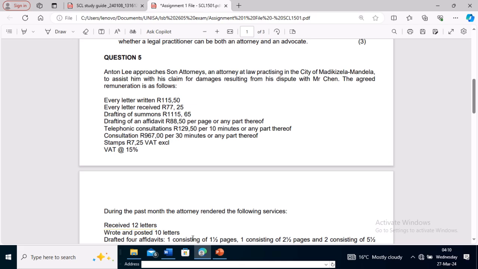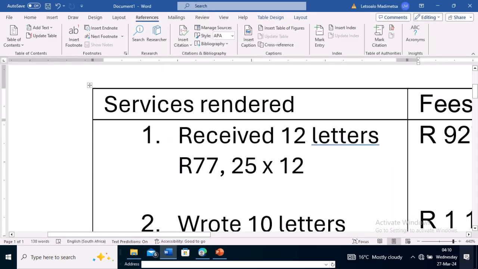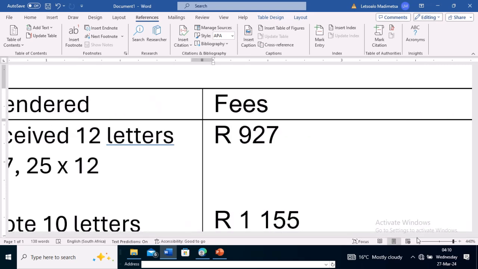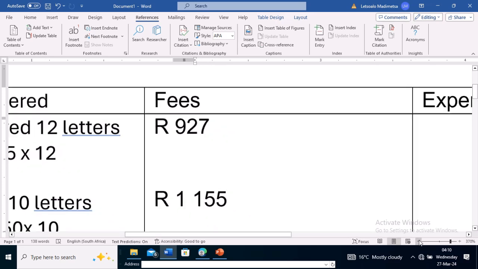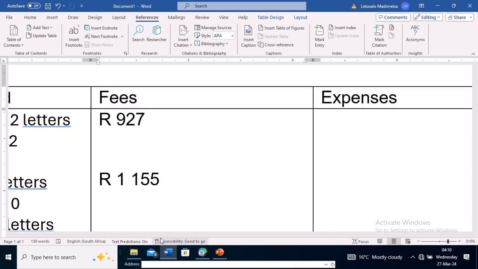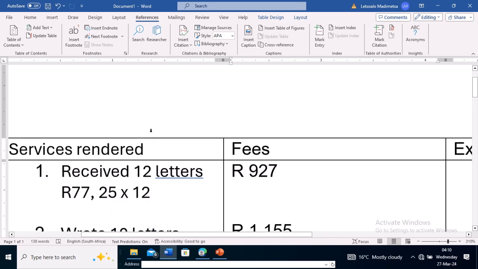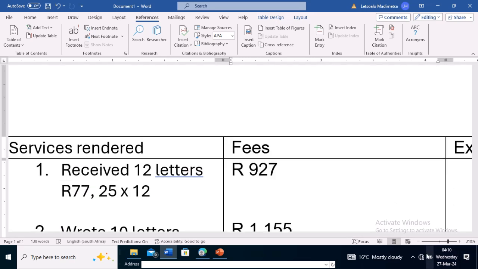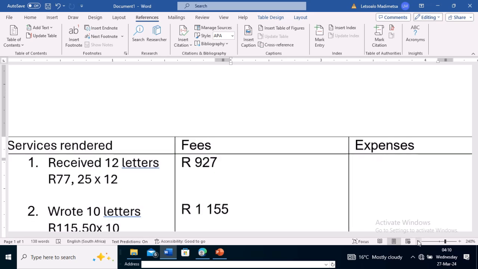Then you are going to say 77 rand 25 cent multiplied by 12. Then it gives you how much? Let me do it this way so that you can see it and understand.